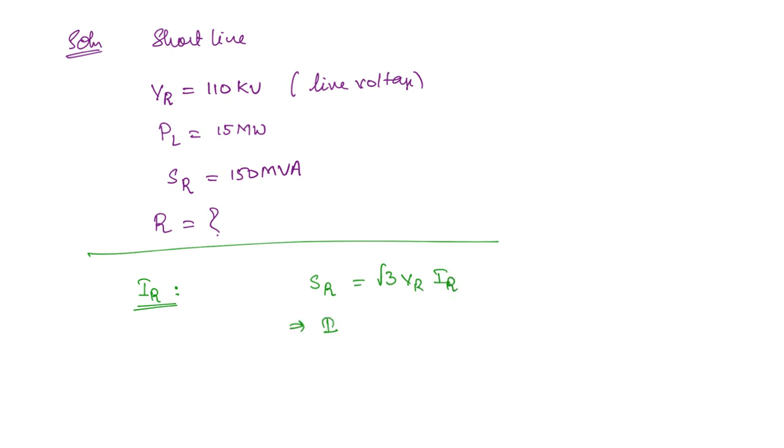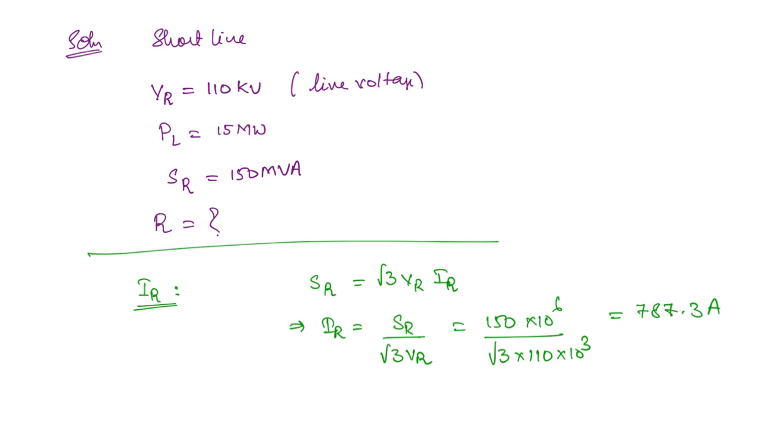So IR is equal to SR by root 3 VR. This is 150 into 10 to the power 6 because it is given in mega, divided by root 3 into 110 into 10 to the power 3. You are going to get 787.3 amperes.